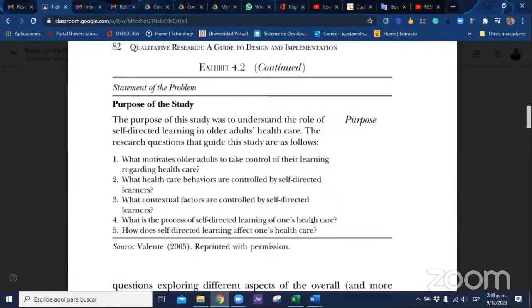How probable do you think it is to use case study or phenomenology? Yes, case study too. But remember that case study, Brian, needs the others to exist, right? That's the point. You can resort to the other methods.